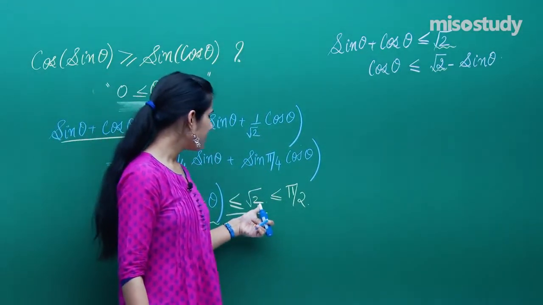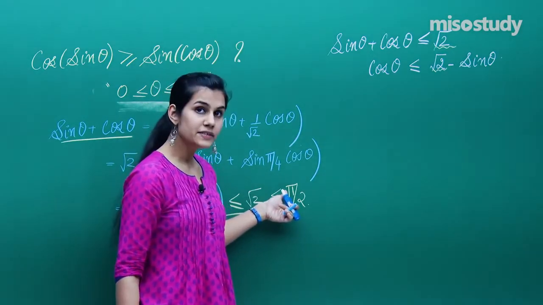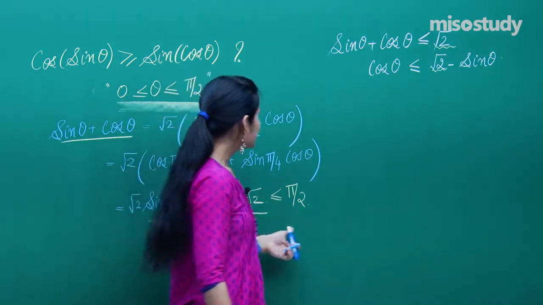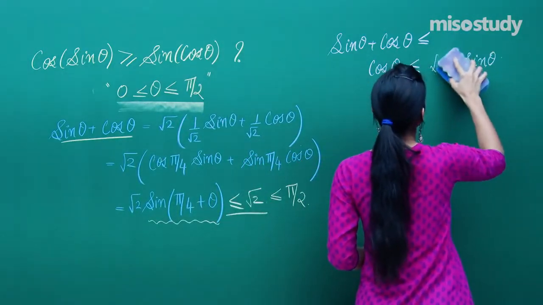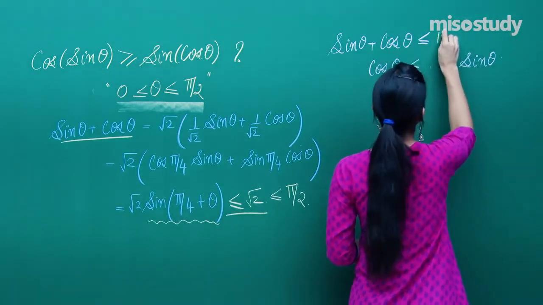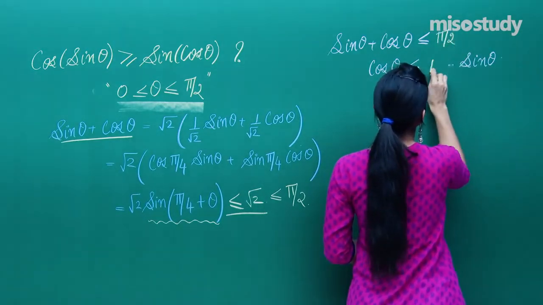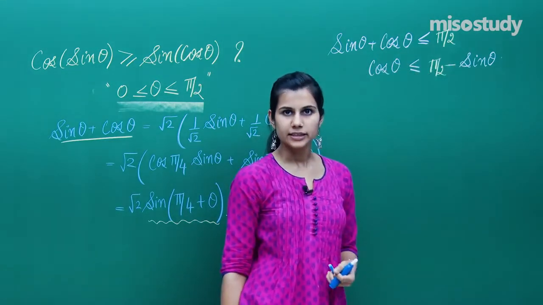Definitely. This is 1.414, whereas this is 1.57, right? Therefore, rather than root 2 I can convert it into pi by 2, and so this gives me pi by 2 minus sine theta.